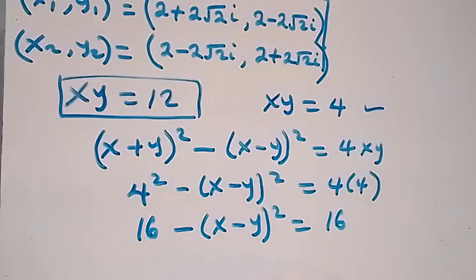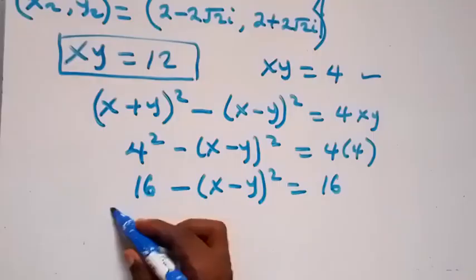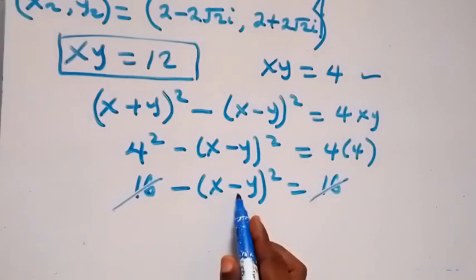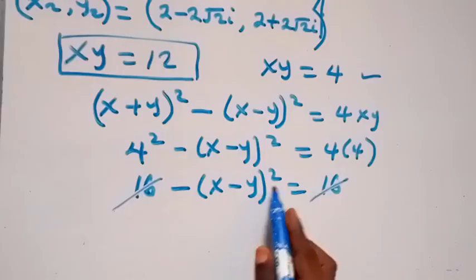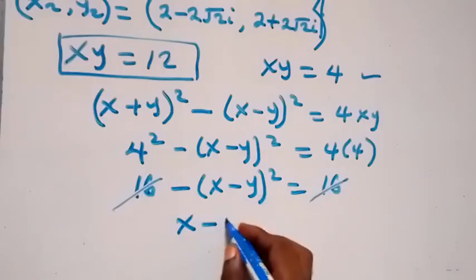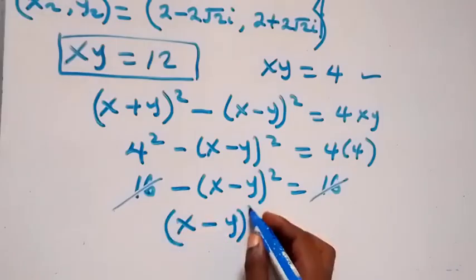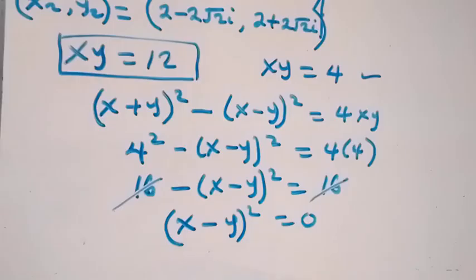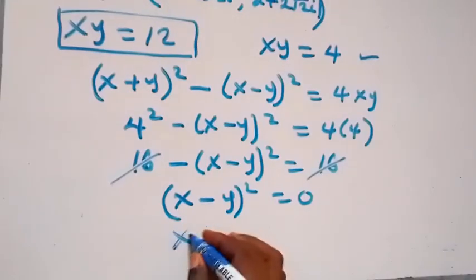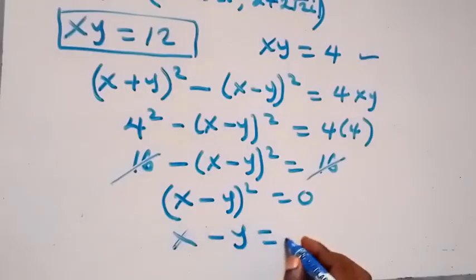Now subtract 16 from both sides. This we cancel out. Then we have here minus x minus y square equals to 0 here. The same thing as x minus y all square equals to 0. When we square root both sides, it's still the same thing as x minus y equals to 0.